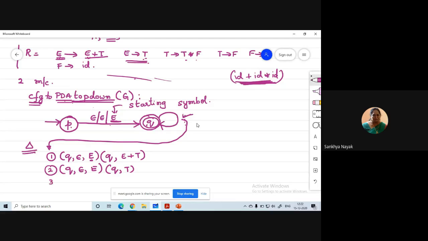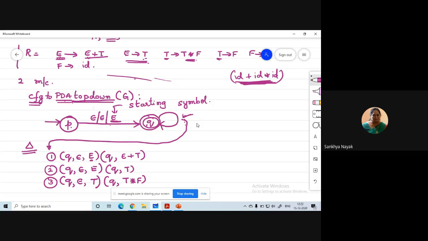Next, if you have T on the left hand side, that is, in the stack, then that T will be replaced as T star F, the right hand side.